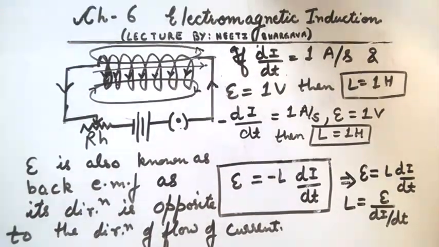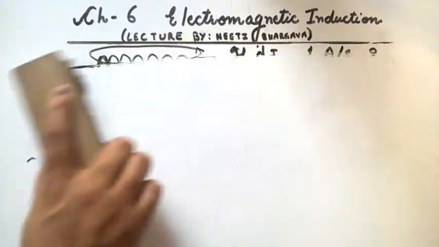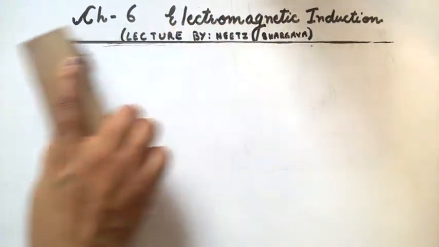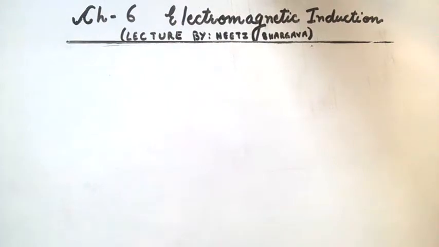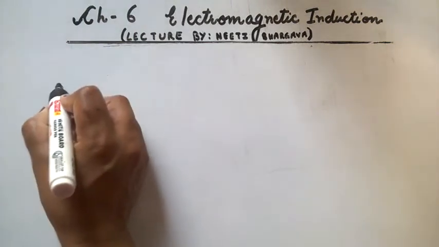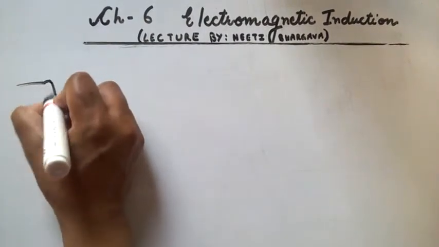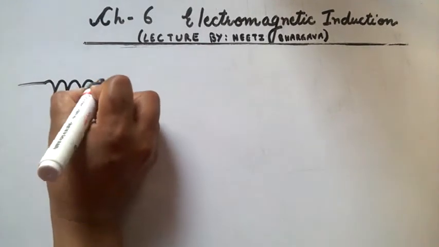Now, what do we mean by an inductor? We have studied about the resistor and the capacitor. Now let's see the inductor. An inductor is a circuit element which follows the property of self-inductance.